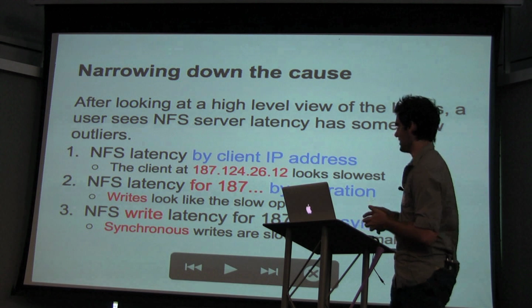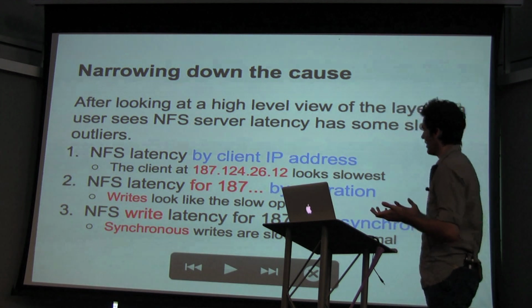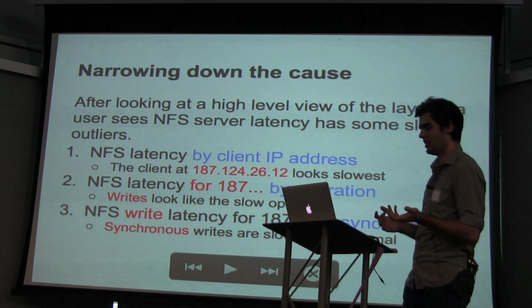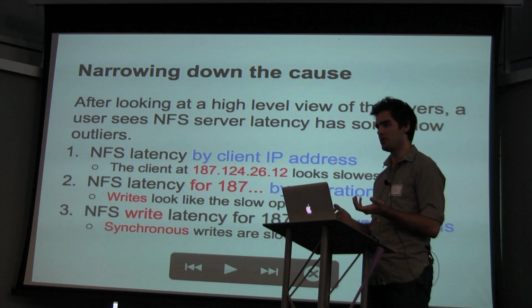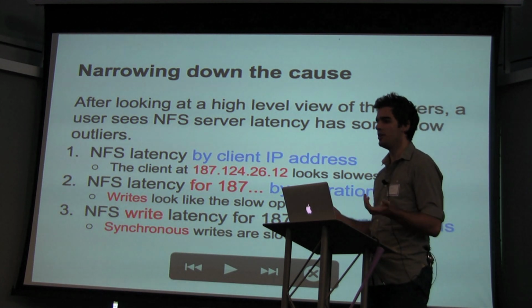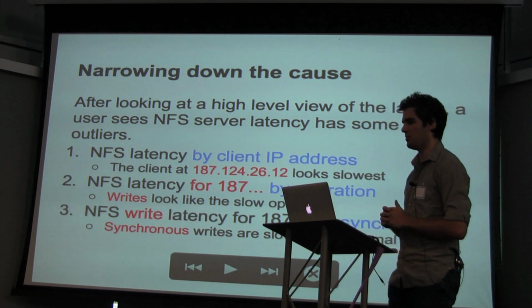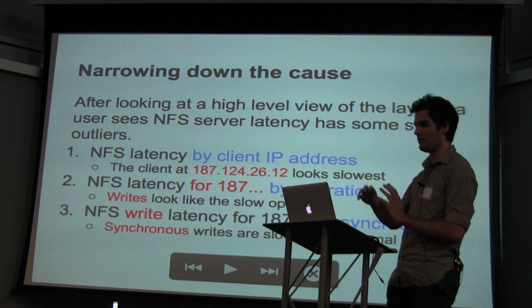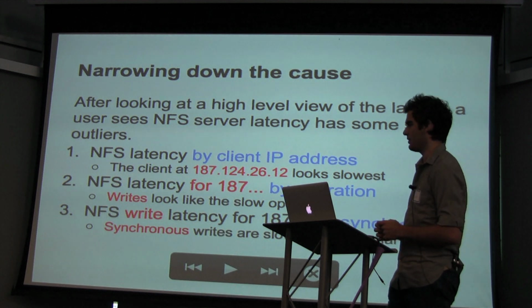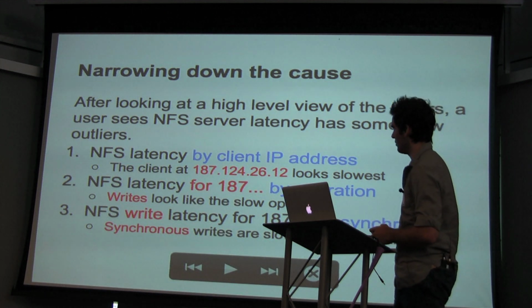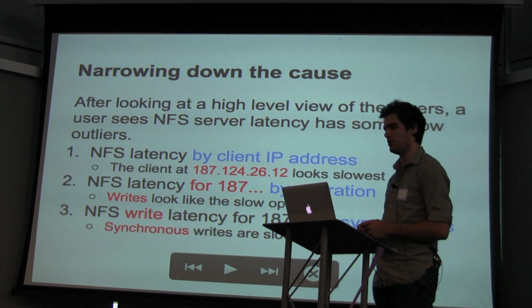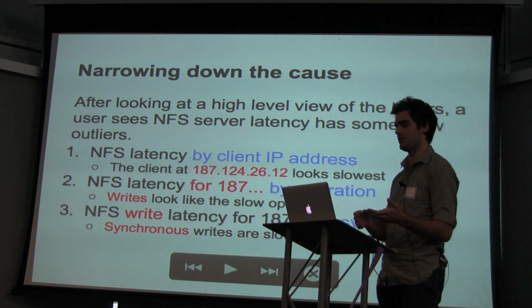So in this example that I mocked up here, let's say that you're a database administrator and you hear that service is slow, but you don't know anything else yet. You pull up your dashboard, you see several graphs of different parts of your system, and NFS latency is a little slow. So you decide to look at it by client to see which databases that are connected to it are actually running slowly.